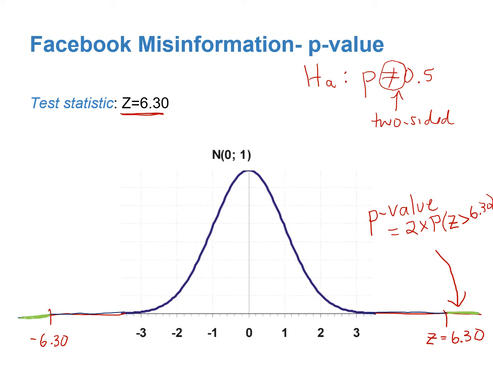If I use technology to find that probability, I get that my p-value is approximately 3 times 10 to the negative 10th power. If I were to look it up in my standard normal table, I'd get that it's approximately 0.